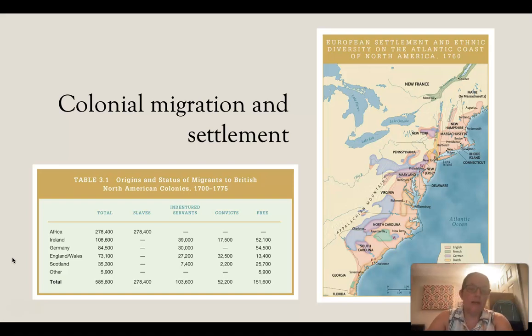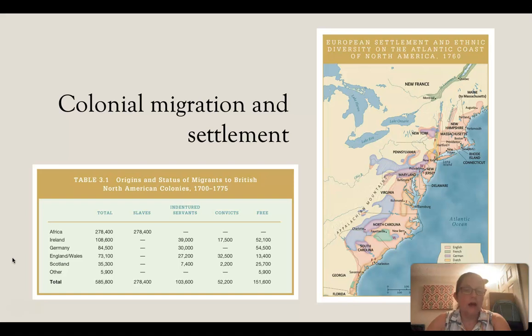The first thing that really sticks out in this table is that the majority of migrants coming to the British North American colonies during this period did not come here willingly. They were enslaved people brought here from Africa.